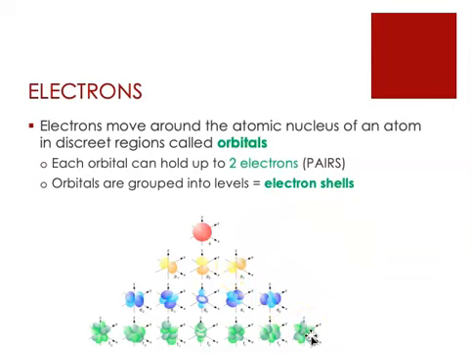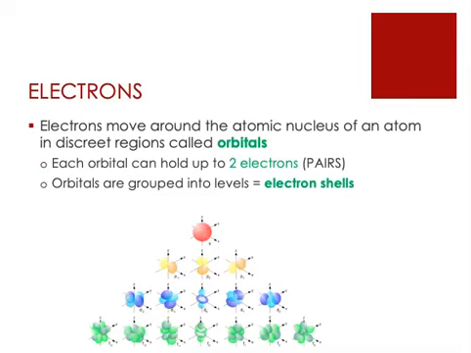And within each shell, there's a particular number of orbitals depicted by these sort of colored balloon-looking regions. What is important for us to take away from this slide is that each orbital, each discrete region that we can describe around an atomic nucleus, can hold a pair of electrons.